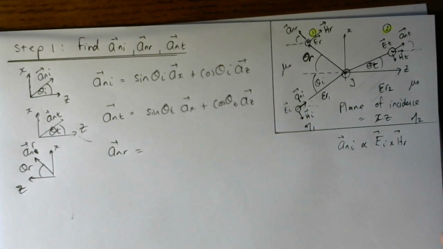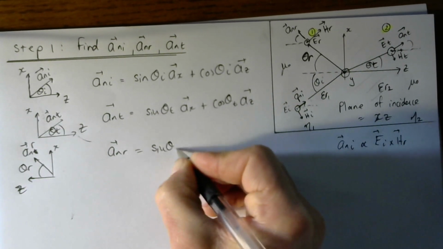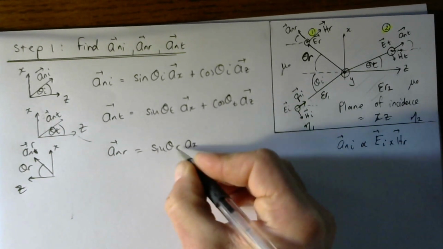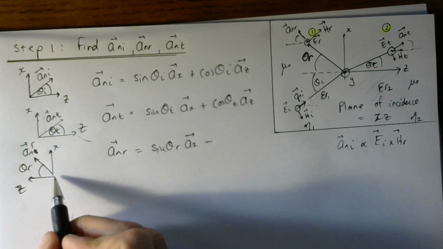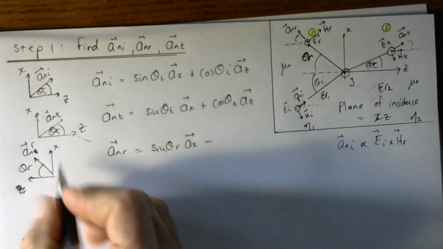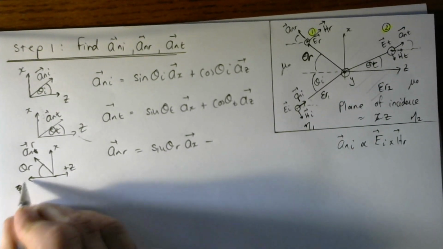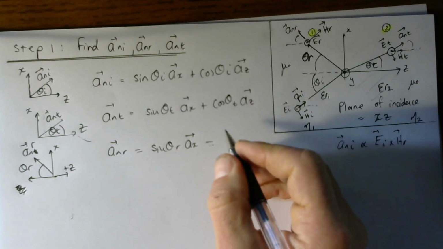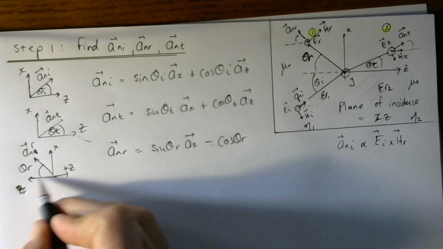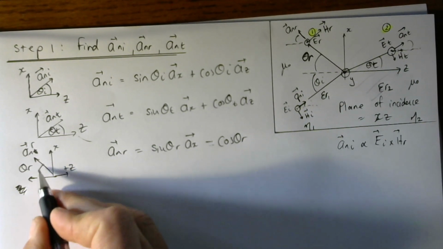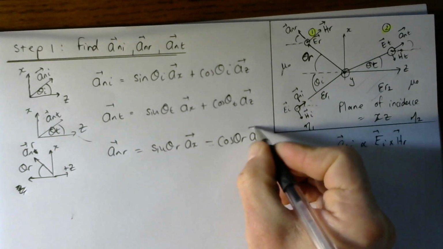So a_NR is equal to sine theta R in the x direction, minus, because it's pointing in the negative z, cos theta R. This component over here, that vector cos will give you that in a_z.